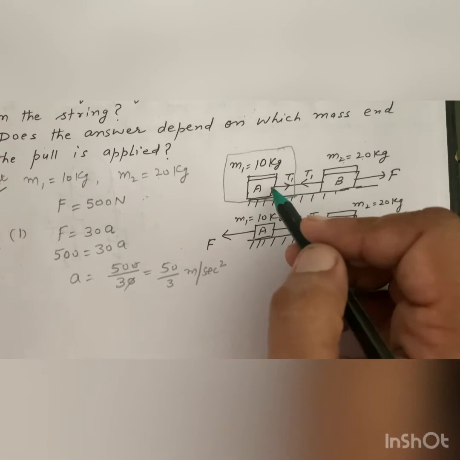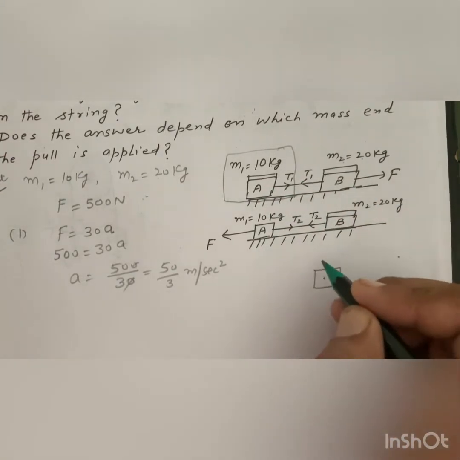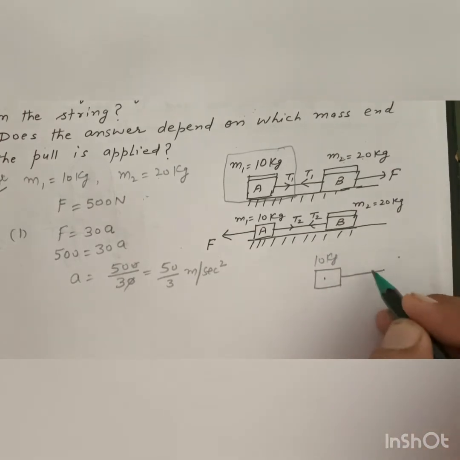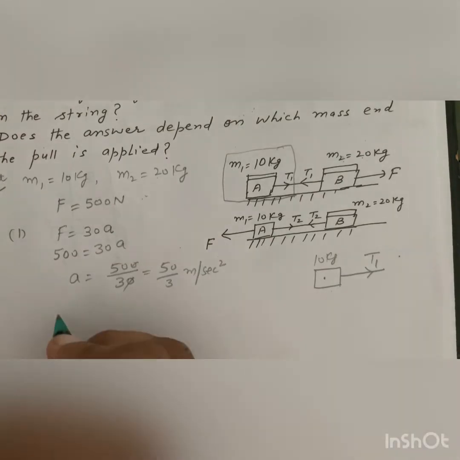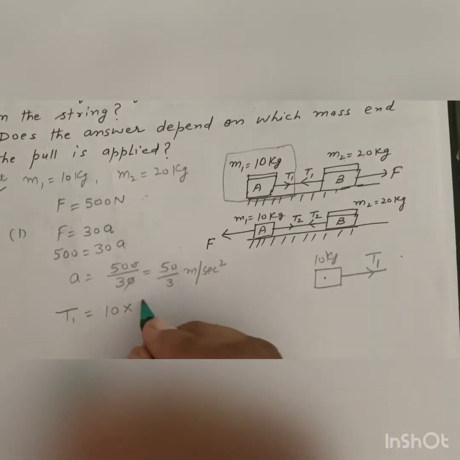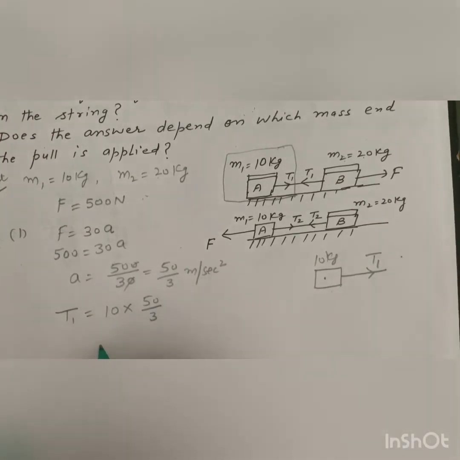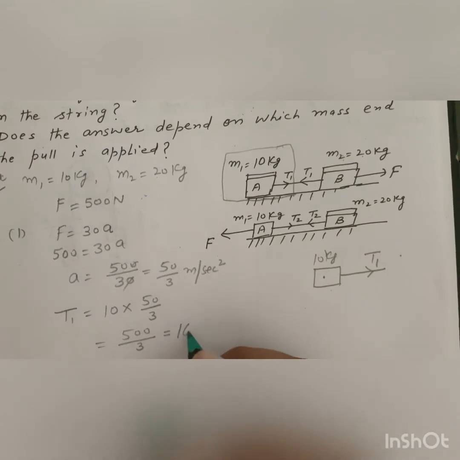So in the free body diagram it has only one force that is acting in this direction, T1. So we have T1 equal to mass into acceleration. Acceleration is 50 over 3. We get 500 over 3, equal to 166.67 Newton. Answer.